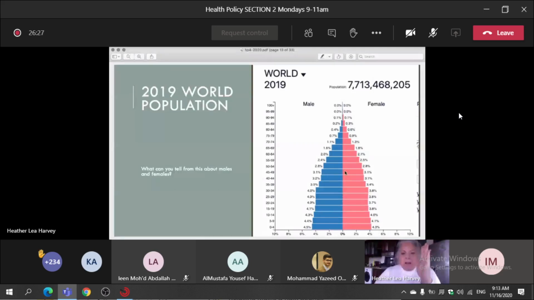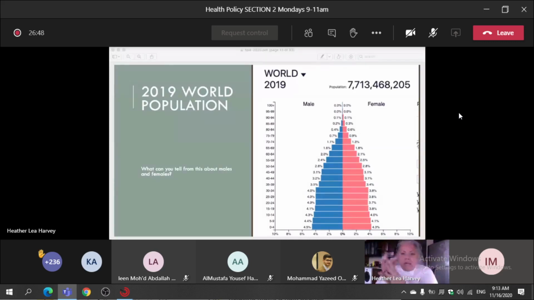Then the males keep dying off, and we start to see more females than males because females live longer, okay? So this shows us exactly what we've been talking about with numbers in a great visual way. They're really easy to use.